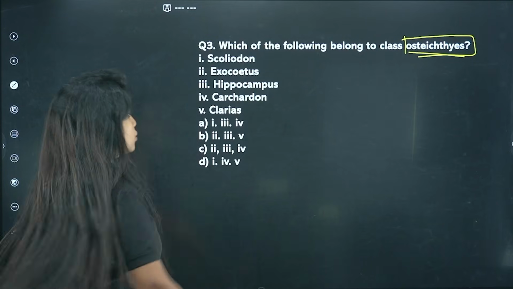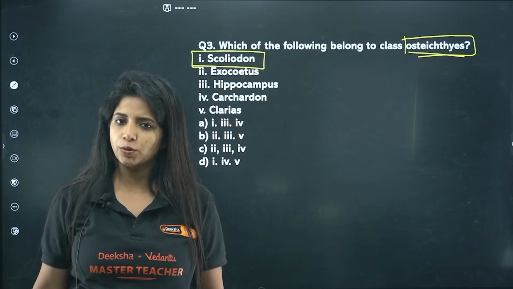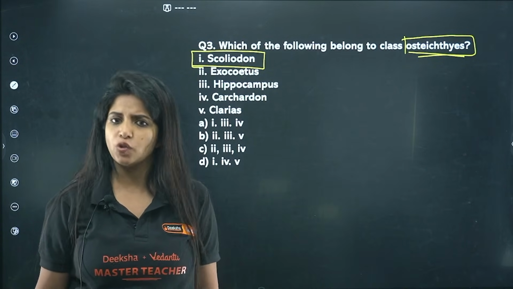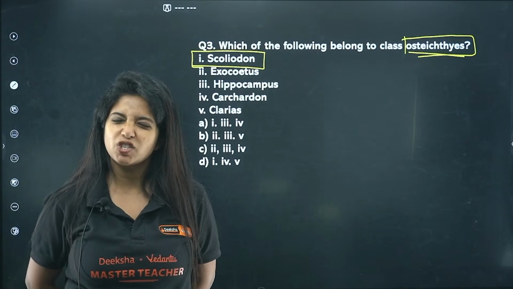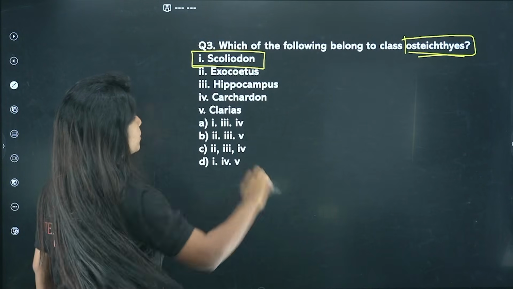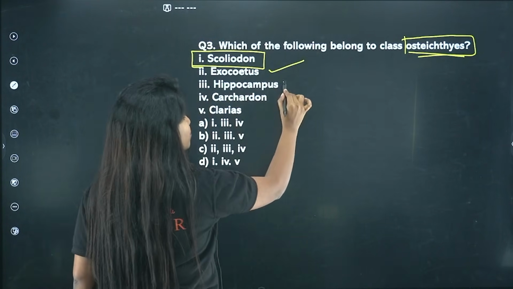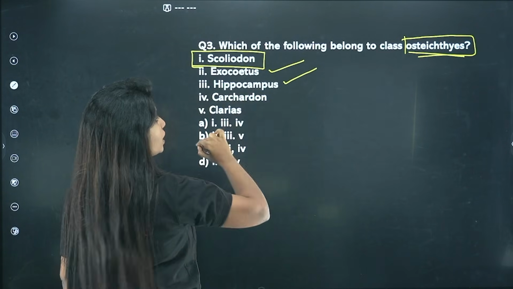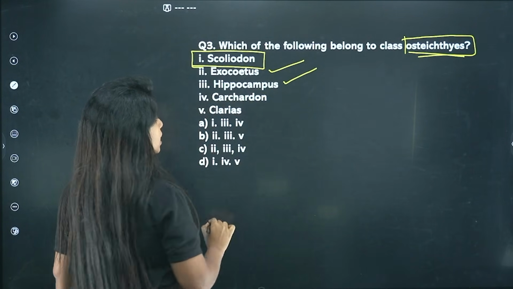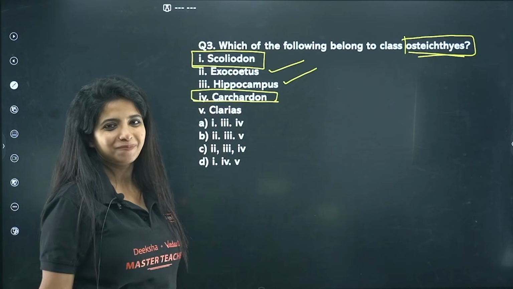That is the question. So Scoliodon, my dear children, do you think it has a bony endoskeleton? Scoliodon is known as dogfish and it actually has a cartilaginous endoskeleton. What about Exocoetus? Exocoetus has a bony endoskeleton. Hippocampus, the seahorse, also has a bony endoskeleton. Carcharodon, what do you think about it?